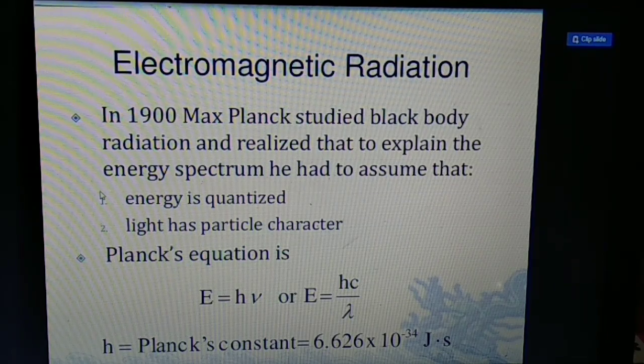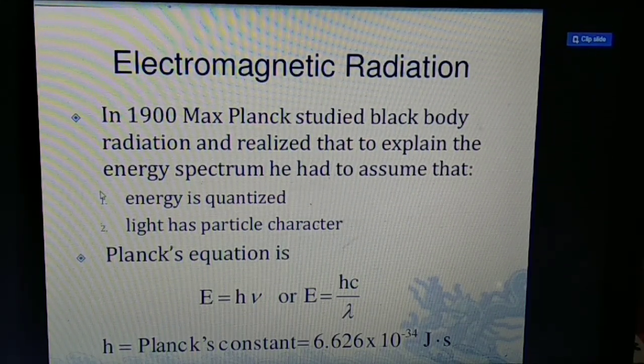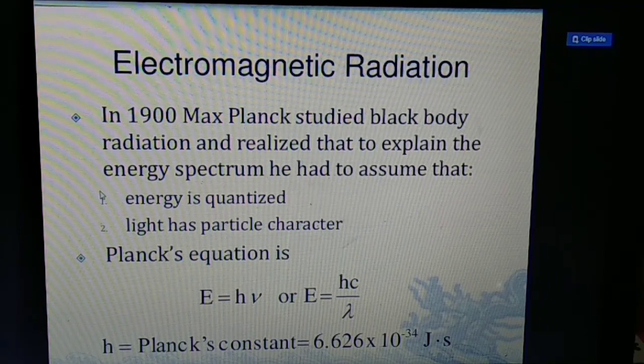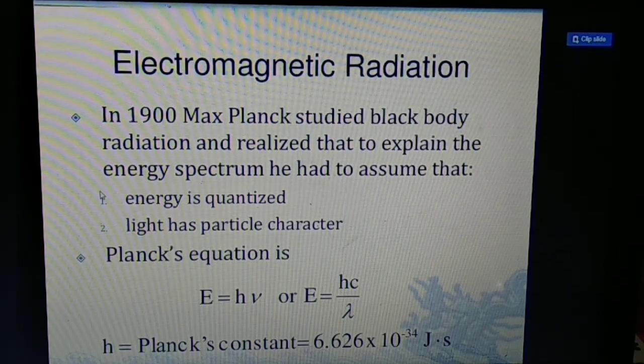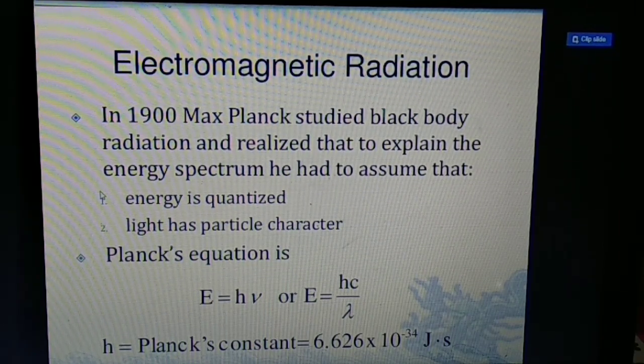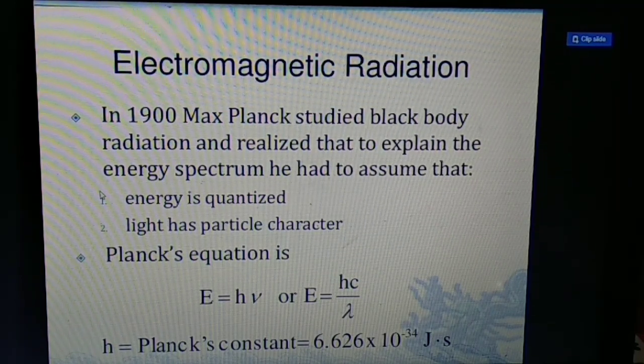Electromagnetic radiation, according to Max Planck: in 1900, Max Planck studied black body radiation and realized that to explain the energy spectrum, he had to assume that energy is quantized. Light has wave character, light has particle character.